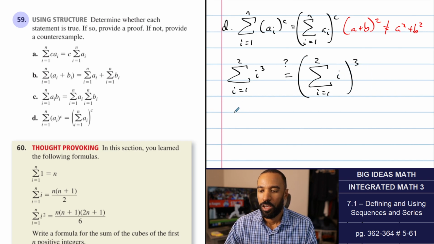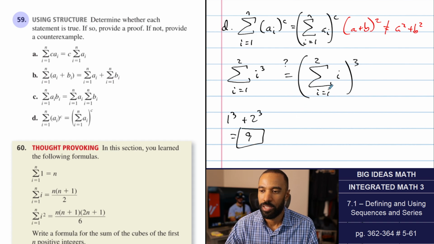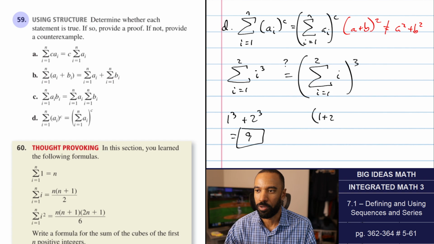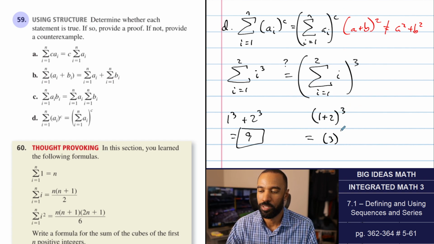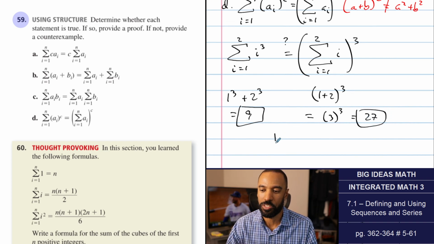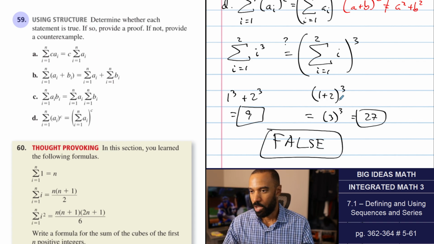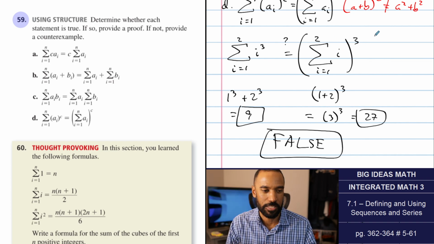So this is 1 cubed plus 2 cubed, or 9. This is 1 plus 2, and then you cube the result. So that's 3 cubed, which is 27. That's not 9. So not the same. This is false. I'm sure squaring would have been fine. And that's the difference between the two.